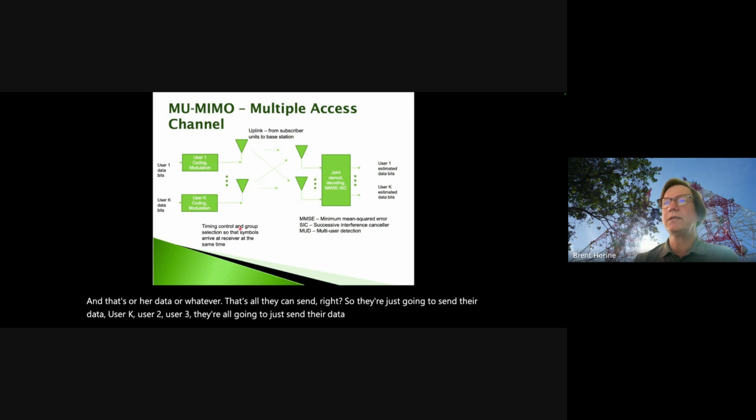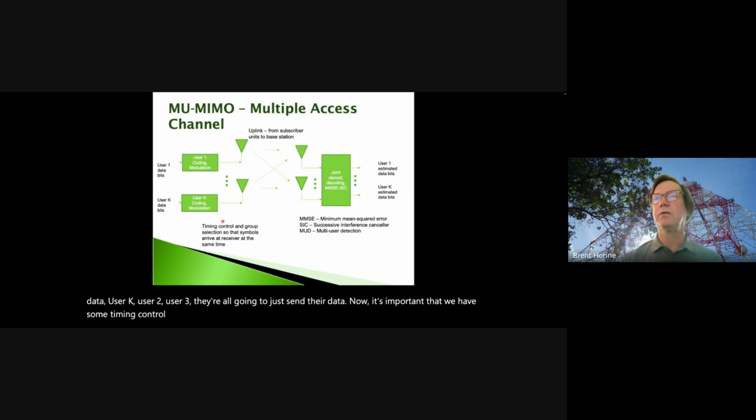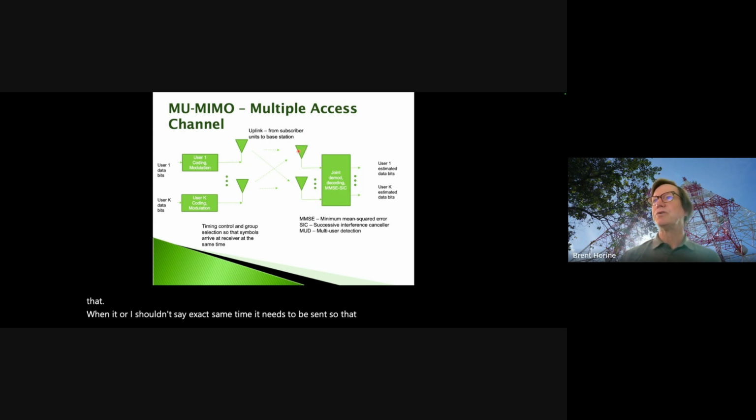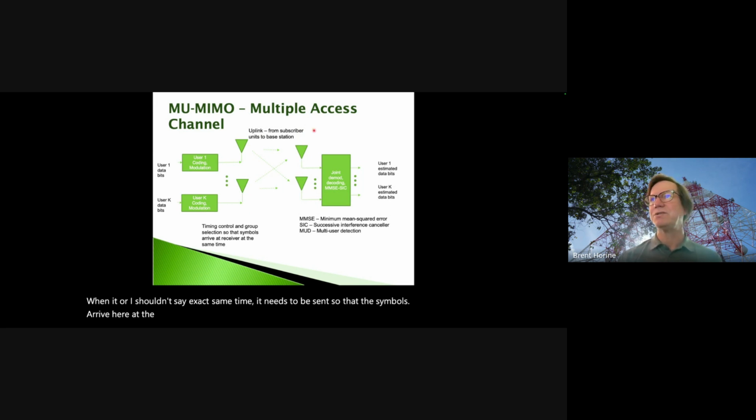Now, it's important that we have some timing control on all this, and what we call group selection, because all this data needs to be sent so that the symbols arrive here at the receiver, at this base station receiver, at the same time, right?